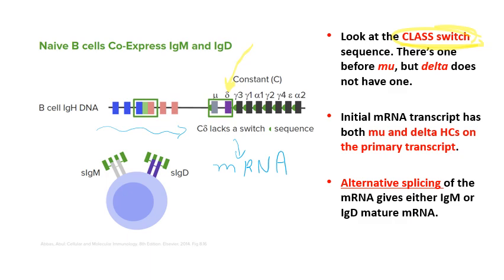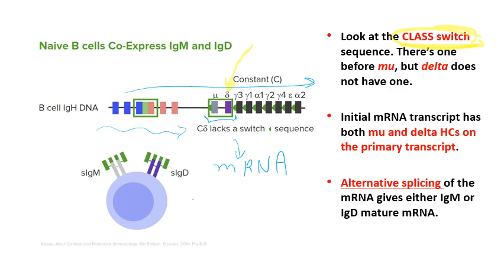Remember transcription, right? When this thing gets transcribed, you are going to transcribe first the whole thing, but then when this part here gets transcribed, they go as a unit, because not only does the delta not have a class switch, but it has something else.